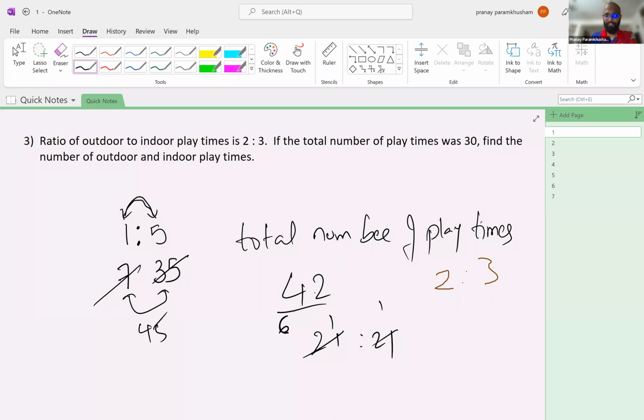That's why here I have written 6. Add them. What do you get? Add 2 and 3. How much is it? The basic normal addition, 2 plus 3. Five, right? Yeah, 5.